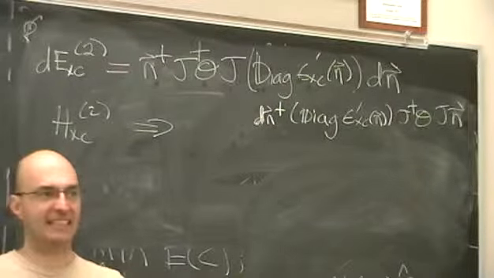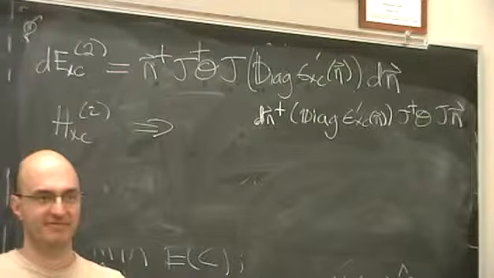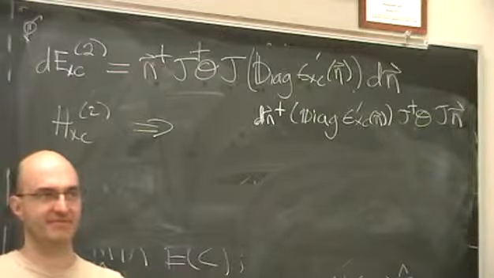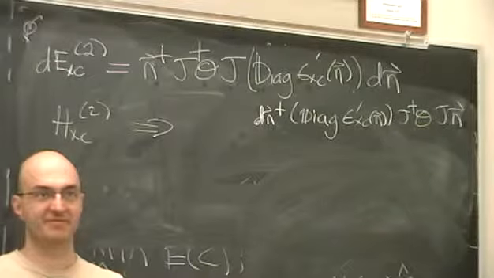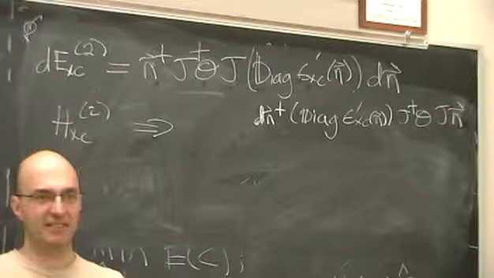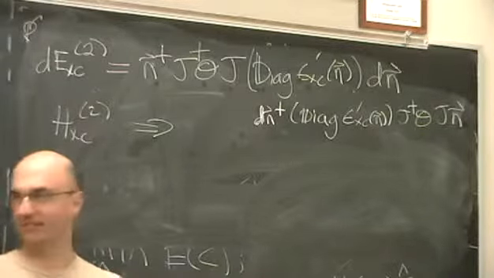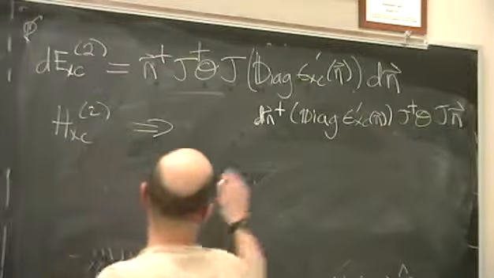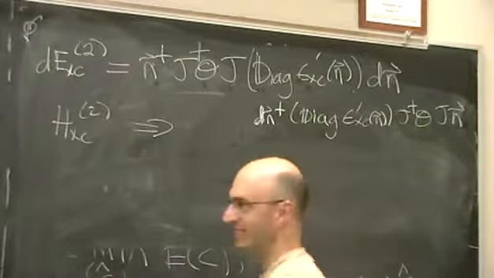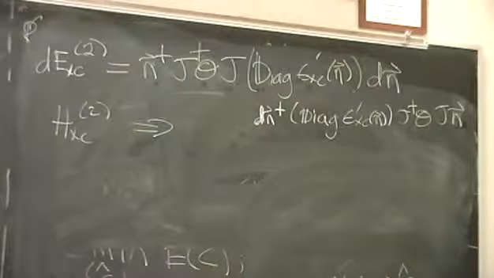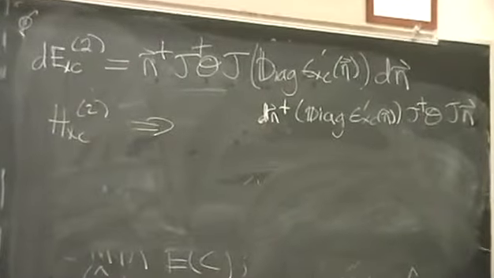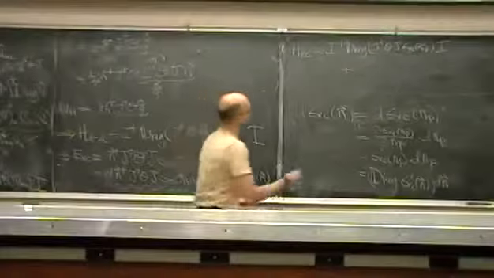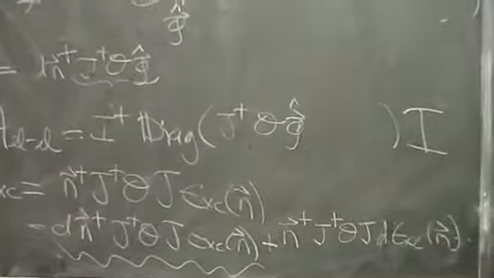And then for this guy, what about that guy? Is that in our standard form? Yes, right? Of a dn times some vector. And we know what happens then. We just get this guy with our vector in the middle. So that's J dagger, diag.